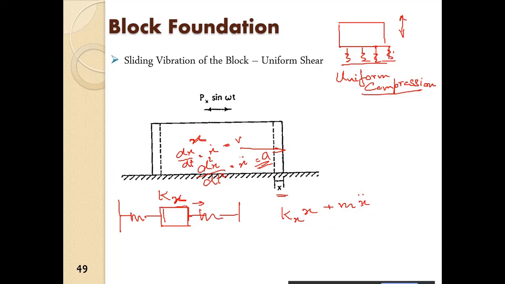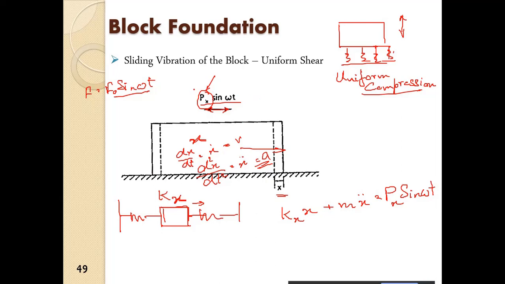So that is m x double dot plus kx into x is equal to the force acting, Px into sine omega t. As we earlier defined, F is equal to F naught sine omega t. So here Px is the maximum force.